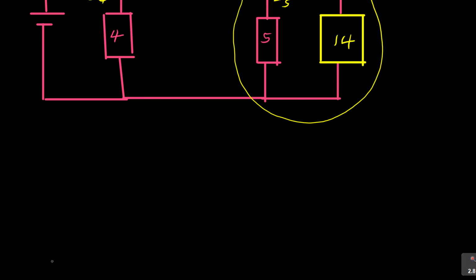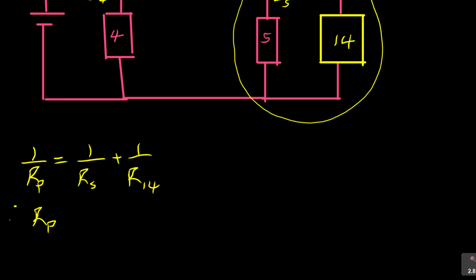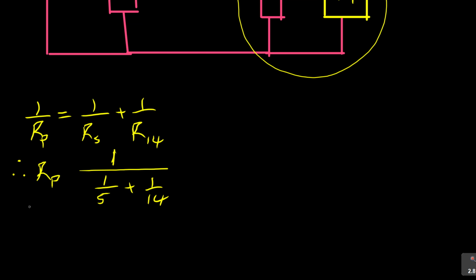You're going to say I'll use this one to say 1 over RP is 1 over R5 plus 1 over R14. I said that, and I told you RP. Therefore, you can say RP is 1 over, that 1 over makes you get rid of this 1. Okay? So it's 1 over, and then you say 1 over 5 plus 1 over 14. It makes you not forget that 1 over, and your answer becomes easier to come about.